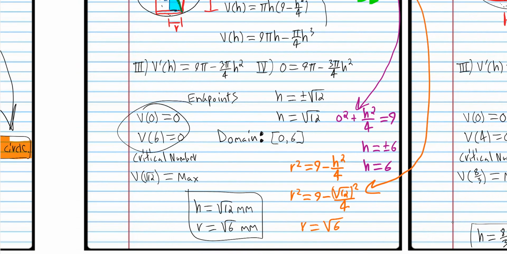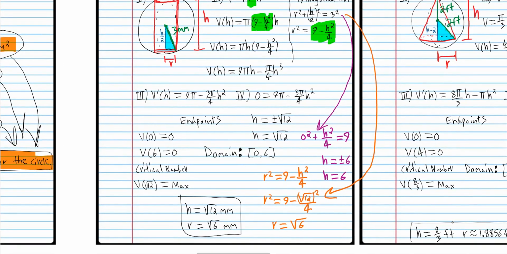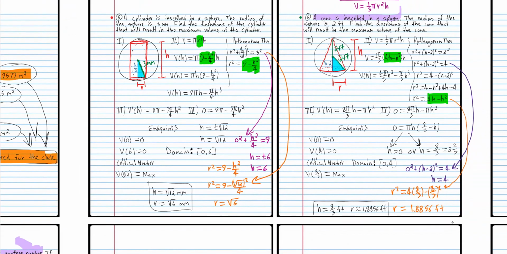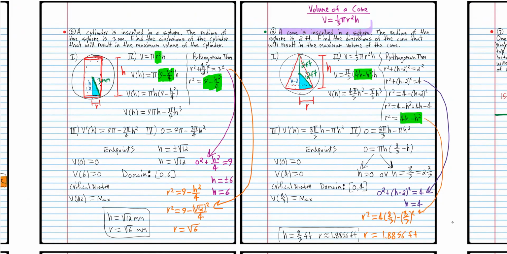So again, we know when we plug in 0 and 6 on the previous problem, we get 0, 0. And if we plug in root 12, we have to get a max. We just knew that. We don't really have to calculate it. That takes time and energy. And you would have to calculate it on the AP exam, the advanced placement exam again. But that's why you need to know how to use your calculator so you can enter this in and not have to do all the math, because the math just gets really tedious.